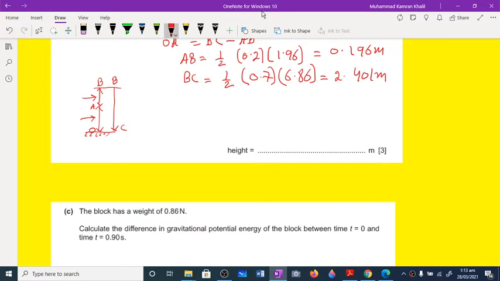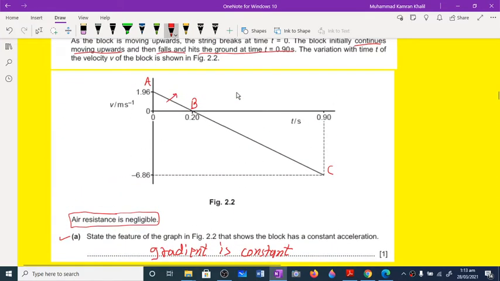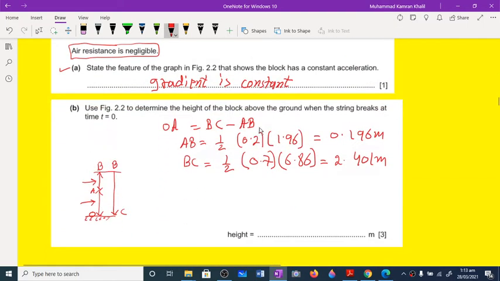Now we will subtract them. I have used these values from this particular graph. So you can see that 6.86 at point C and 0.9 and 0.2 will give you the 0.7 for this one, and for this triangle the value given is 6.86.